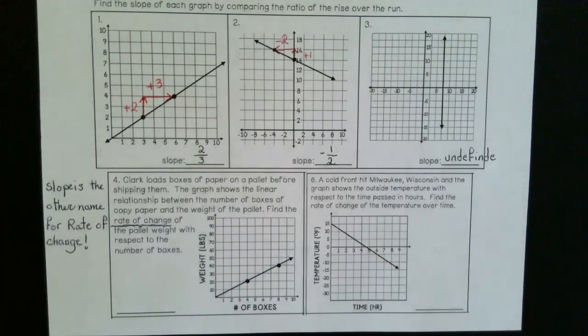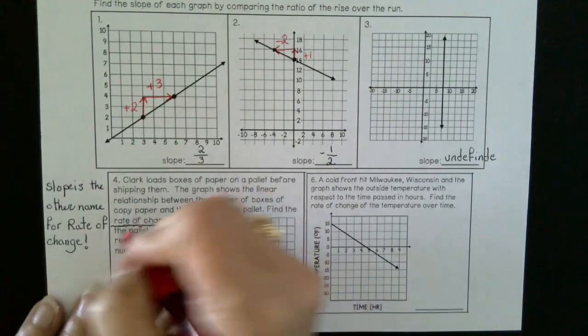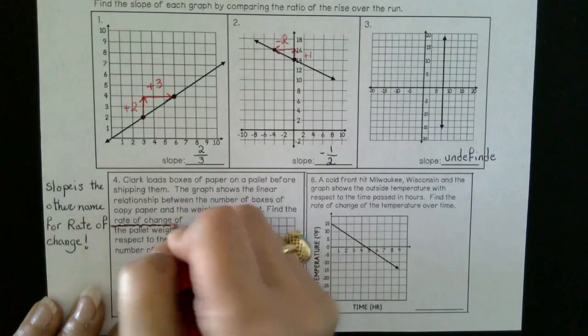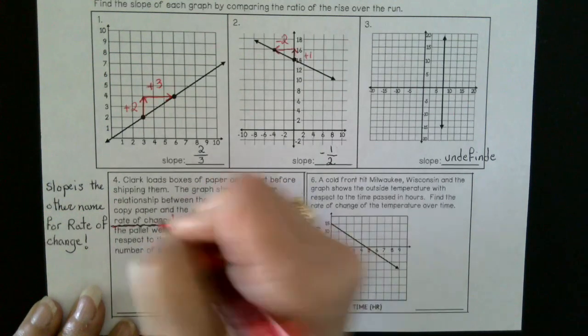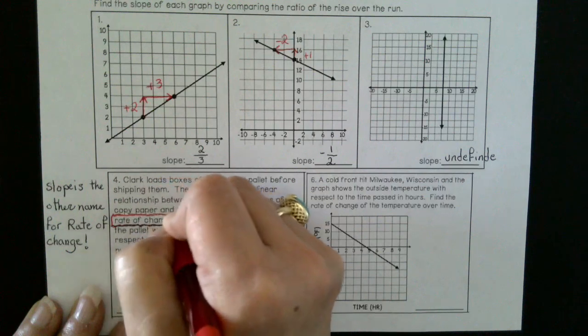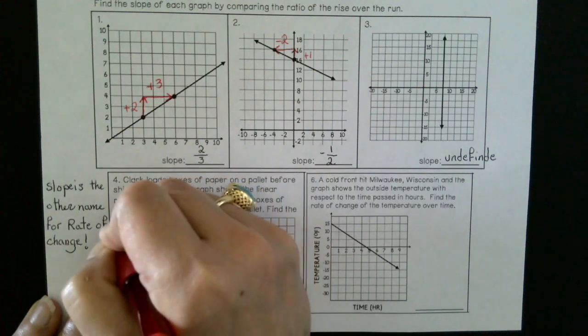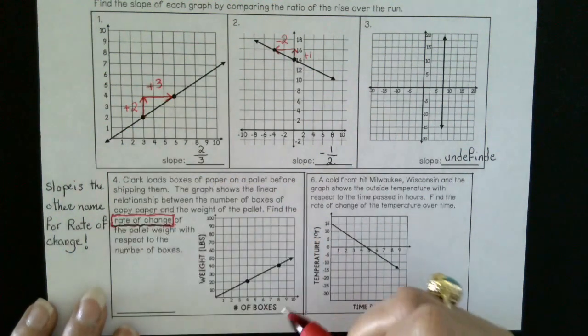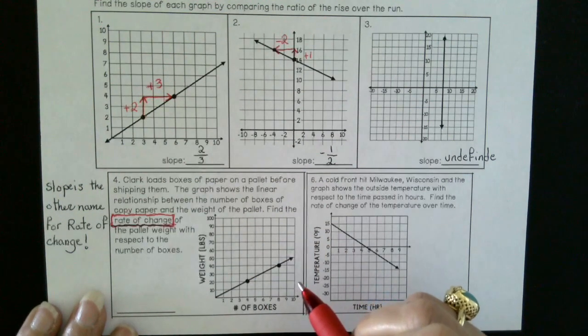So anytime you see rate of change, you should know they're looking for the slope still. What do we do in a slope? We find two perfect points, and then we do rise over run, and if it's possible, we reduce it.